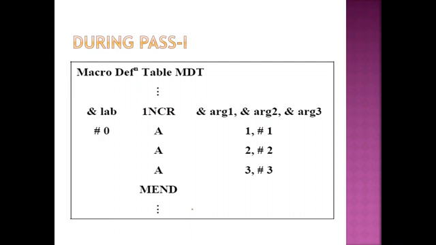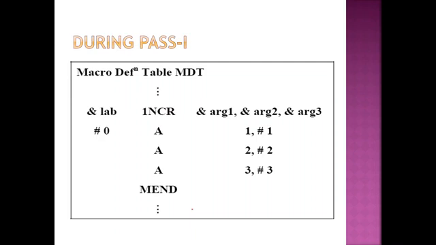In order to avoid confusion between the actual arguments and the dummy arguments, the arguments are given a tag. So #1 means the first argument, #2 is the second argument. Say, for example, your actual parameters are A, B, C, D and your dummy parameters are X, Y, Z. You would have to say A is equal to X and so on. Instead of doing all that, we just name them #1, #2, #3.